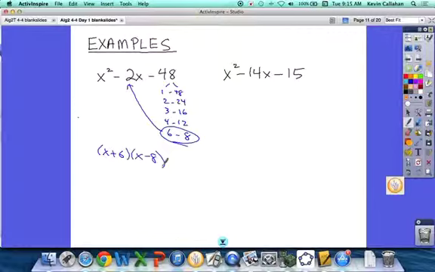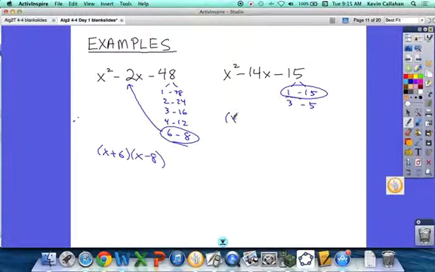For -15, one factor is positive, one factor is negative. They add up to -14, so the bigger number is going to be negative. 15 has only two possibilities: 1 times 15 or 3 times 5. The bigger one would have to be negative. Which one of those adds up to -14? This one, right?